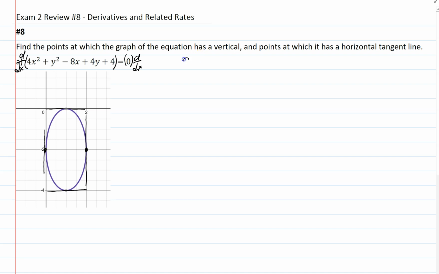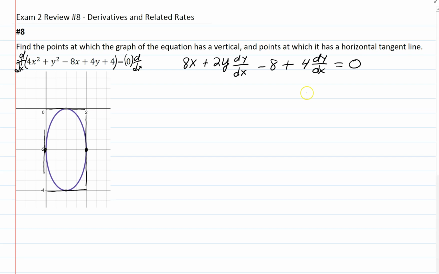On the left hand side, we'll have 8x plus 2y dy/dx minus 8, because we're taking a derivative with respect to x, plus 4 dy/dx, because we are taking the derivative of 4y with respect to x, is equal to 0, because the derivative of a constant is 0 no matter which variable you're taking the derivative with respect to.